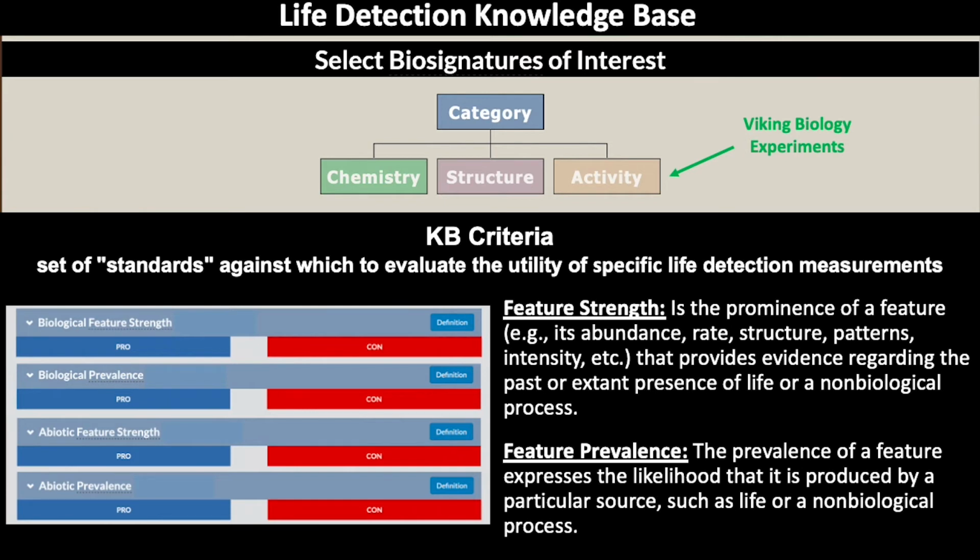And on the lower left-hand side of the slide, you can see that strength and prevalence criteria are categorized by biological feature strength, biological prevalence, as well as abiotic feature strength and abiotic prevalence, each along with corresponding pros and cons for a given argument.